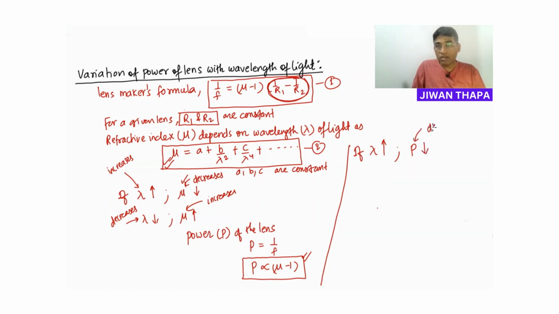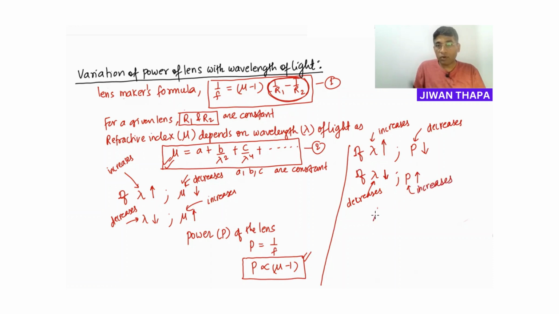So power decreases if wavelength increases. And if wavelength decreases, then refractive index increases, therefore power increases. So we find this.